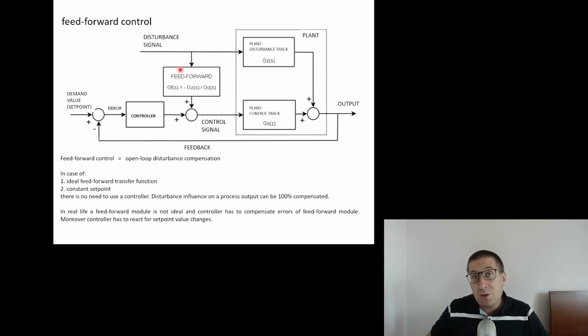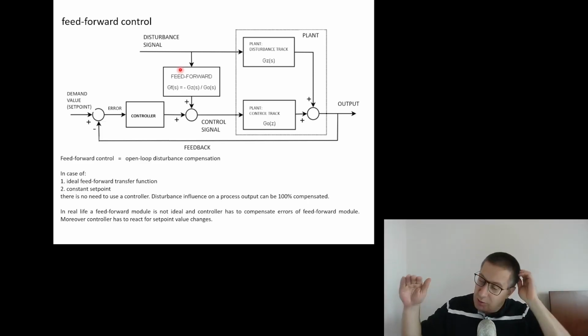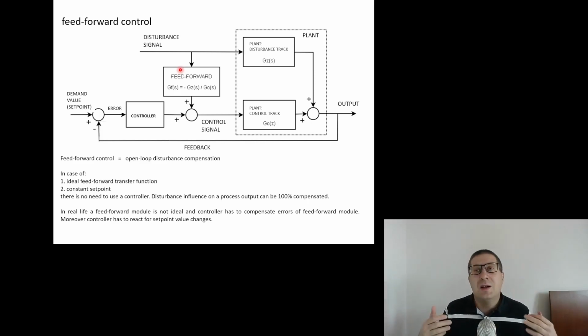But of course, I should not wait 30 seconds, right? I should immediately increase the valve of the hot water associated with the radiator in that corner of the room. Immediately. Of course, there will be a temperature drop, but this temperature drop will be smaller in comparison with the standard approach without feed-forward control.